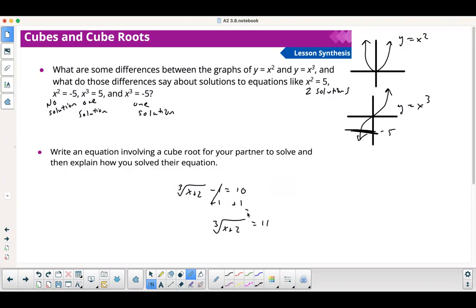Then I'm going to cube both sides to get rid of the cube root. 11 cubed. Don't know that one off the top of my head. 1331. And then I'm going to do any remaining algebra to get x by itself. And there we go.